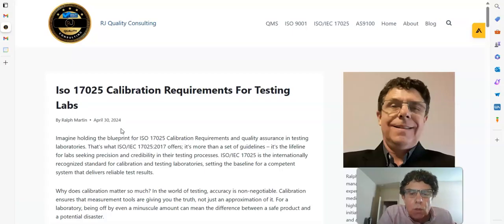And this article goes into all of the details that pertain to the calibration requirements for ISO 17025 for testing laboratories. This is not applicable for calibration laboratories, although there are a lot of similarities. But in this article, I'm specifically talking about the ISO 17025 calibration requirements for a testing laboratory.